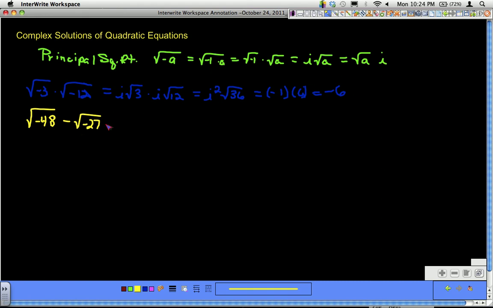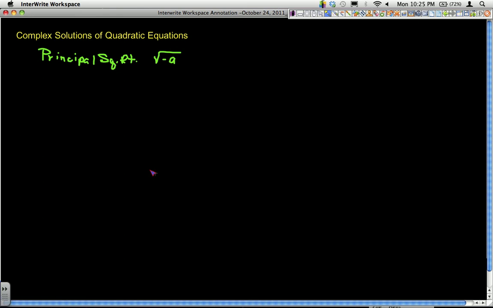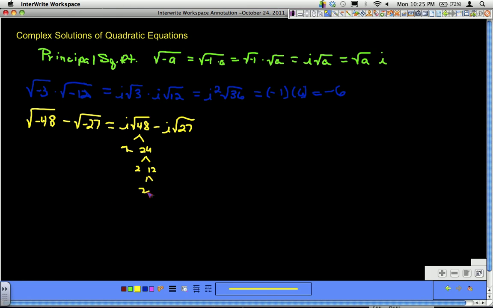So i is going to come out of square root of 48. Subtract, pull i out for that negative 1, and then I get 27. Now remember, we've done a lot of different ways of setting up this square root. A lot of you've done the trees, so I could do that and say that's 2 times 24, 2 times 12, 2 times 6, 2 times 3.